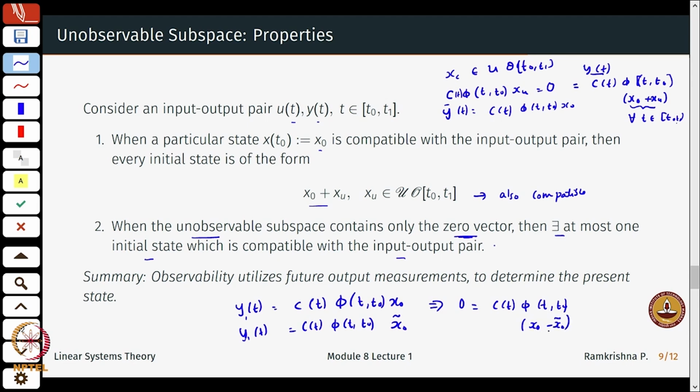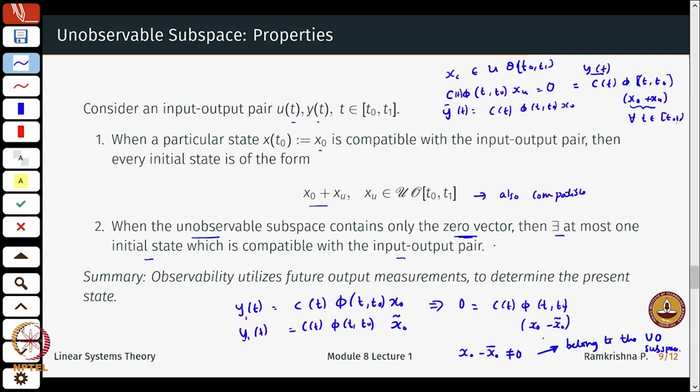What do I know? That the unobservable subspace consists of only the 0 vector, and therefore, when x naught minus x naught tilde is not equal to 0, this would necessarily belong to the unobservable subspace. So this is a contradiction.